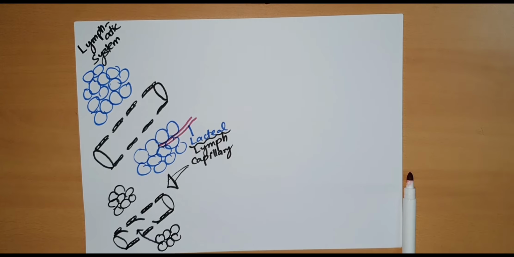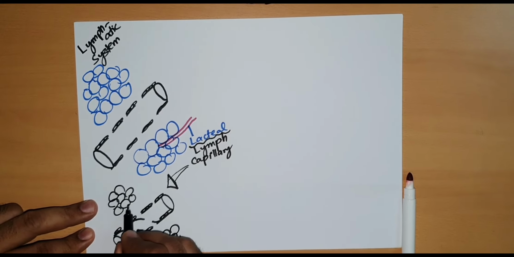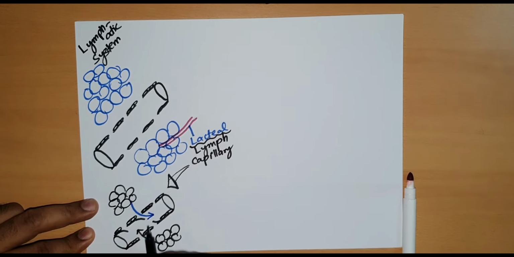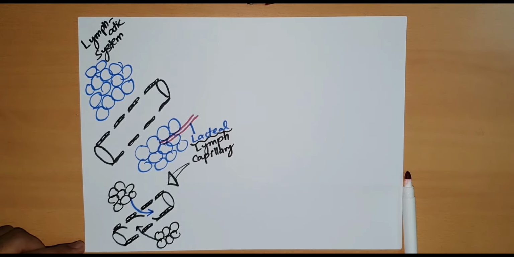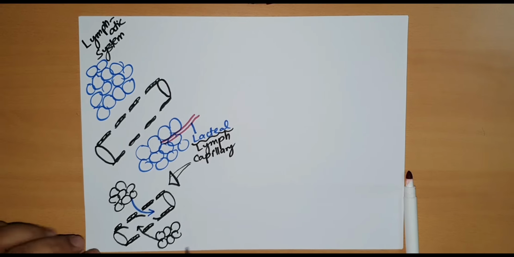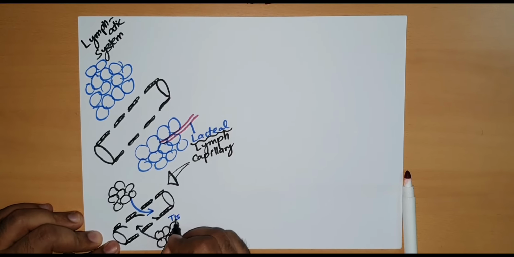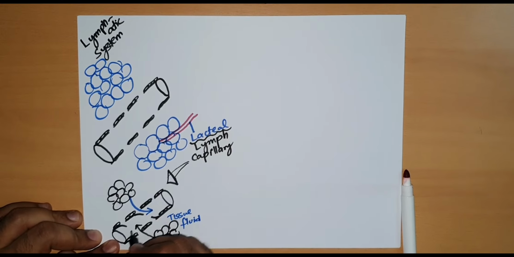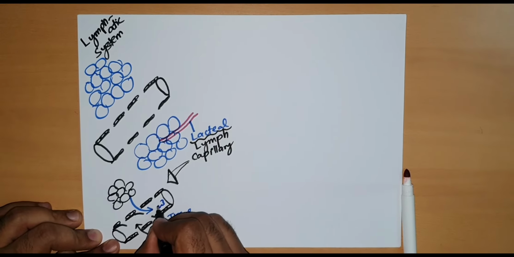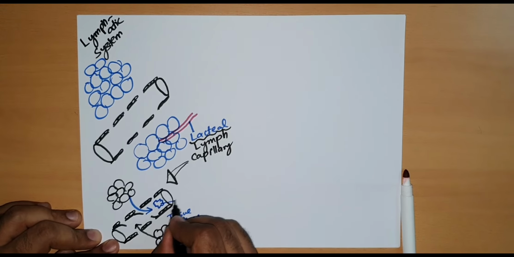The tissue fluid is going back into the lymph capillaries through the gaps. Not only the tissue fluid is going back, the white blood cells are also going into these lacteals.